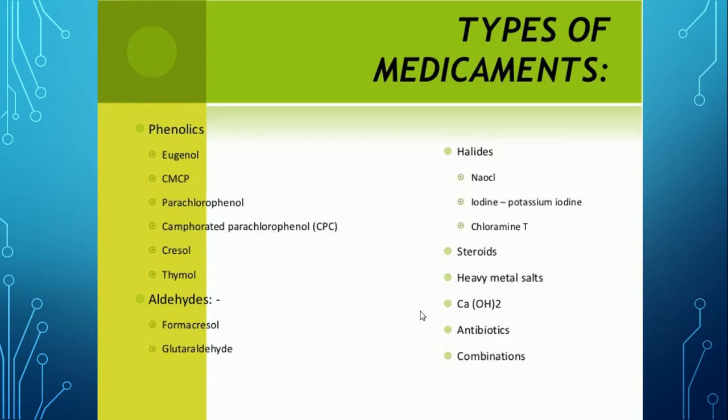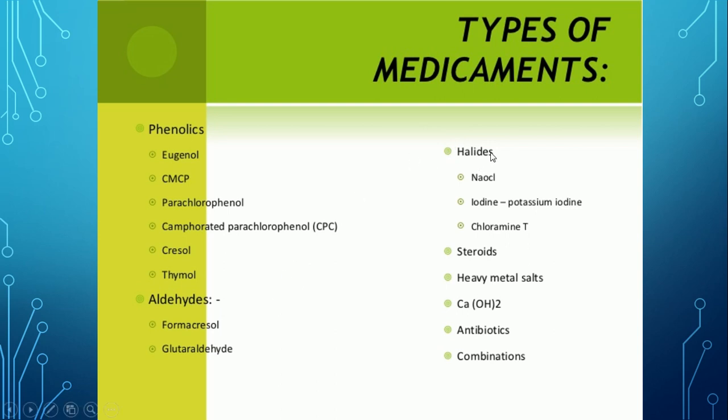There are different types of intracanal medicaments available. Phenolics include eugenol, CMCP, parachlorophenol, camphorated parachlorophenol, cresol, and thymol. Next is aldehydes. Aldehydes include formocresol and glutaraldehyde.